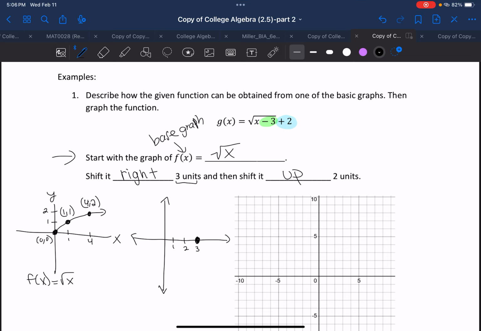The 1 comma 1, if I shifted that to the right 3 units, would be at 4 comma 1. And then the 4 comma 2 would end up at 7 comma 2. So it looks like that. Basic, just a little sketch.